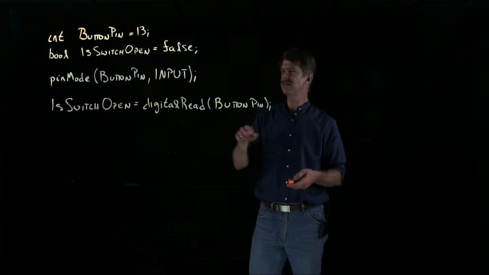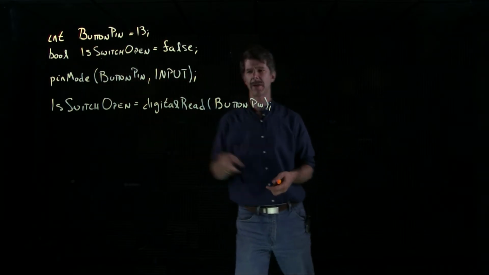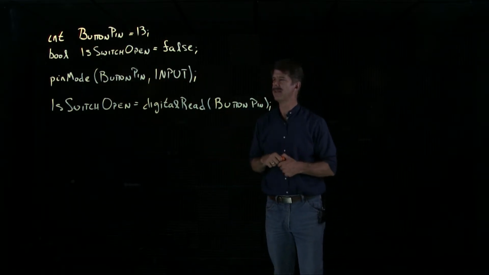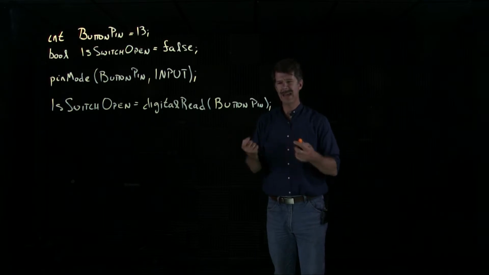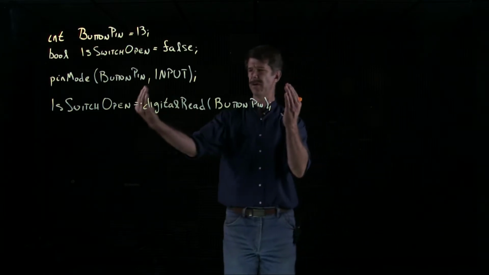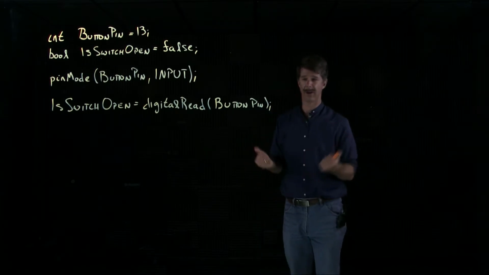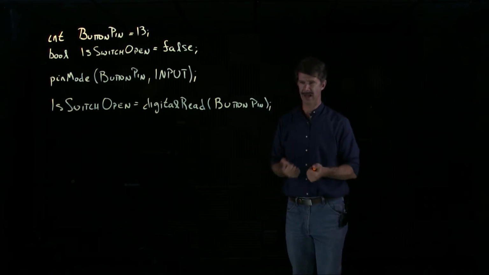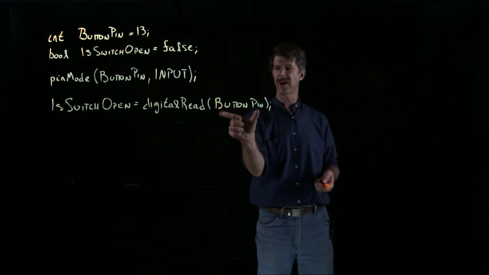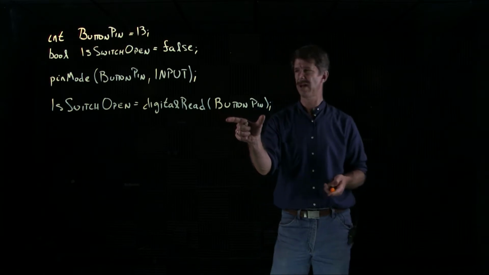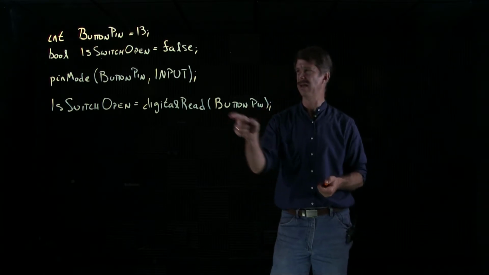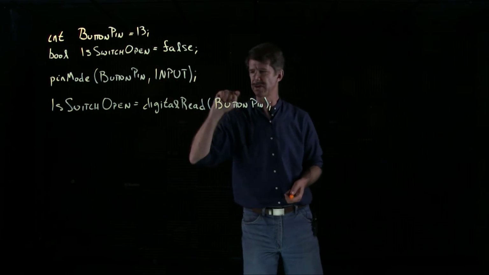To some extent, this line could have gone up in a setup code, but it doesn't really matter where we're working. The key thing we want to look at is a function that does something very useful. What this function does is it accepts the variable some pin, which could be an input or output digital pin, like number 13.